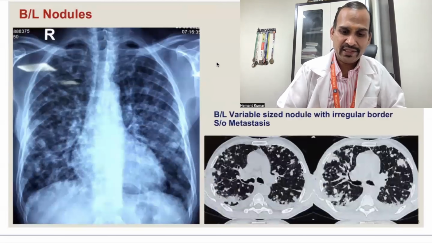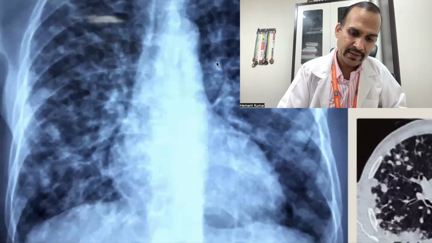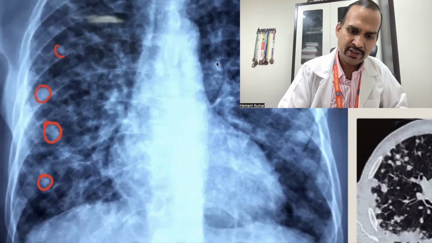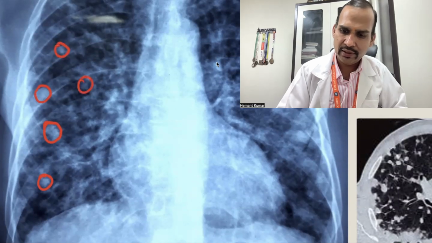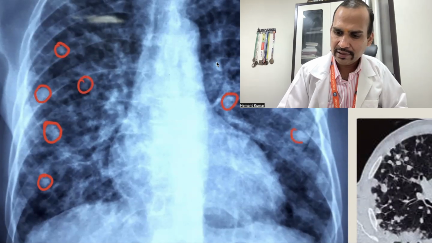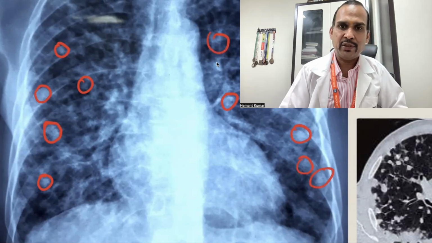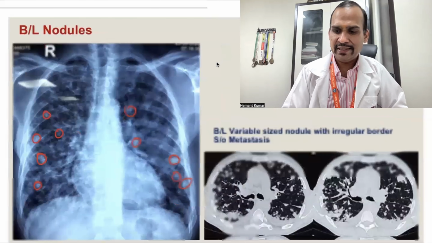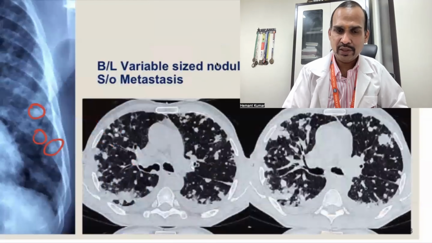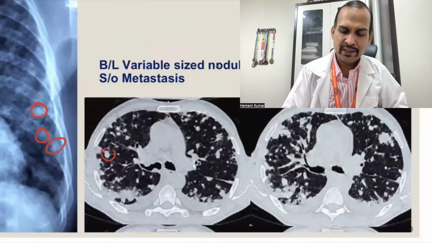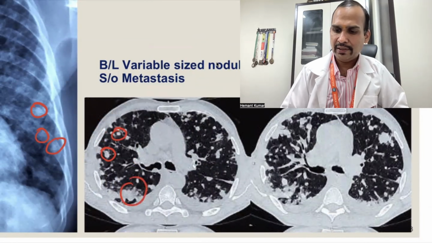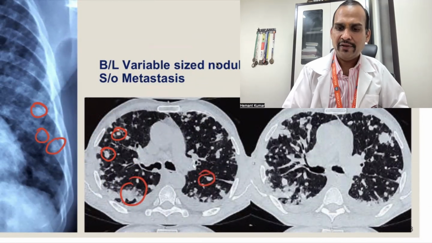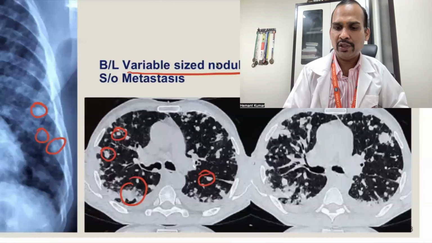Now, in this X-ray, you can appreciate multiple nodules of varying size. See, small, large, small, bilateral. So these are multiple nodules. If you get a CT scan done, you can appreciate multiple nodules with irregular surface, bilateral involvement, varying size nodules with irregular border.